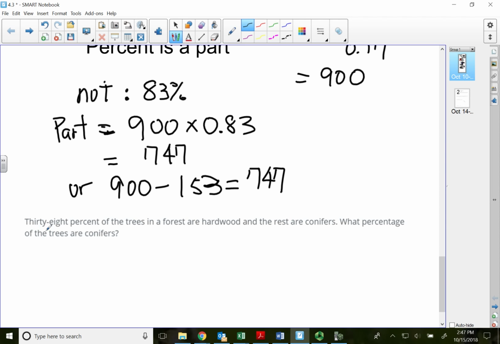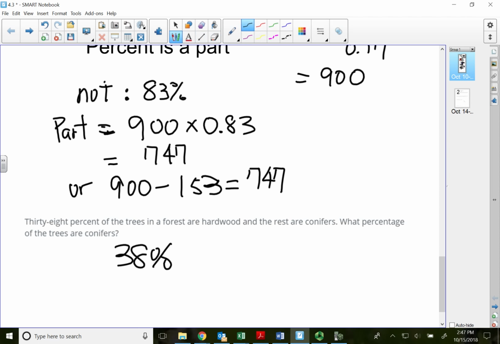All right, this one says 38% of the trees in the forest are hardwood and the rest are conifers. What percent of the trees are conifers? This is called a complement rule.